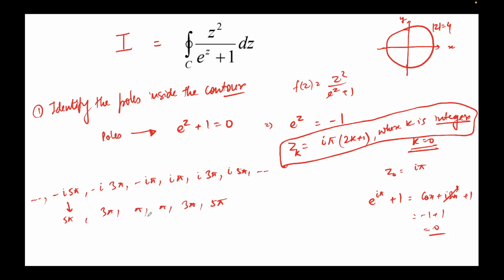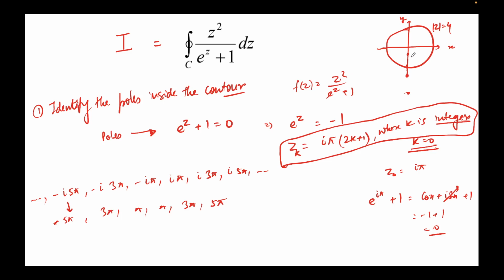Pi is approximately 3.14, so this value will be 3.14, this will be around 9 point something, this will be around 10.